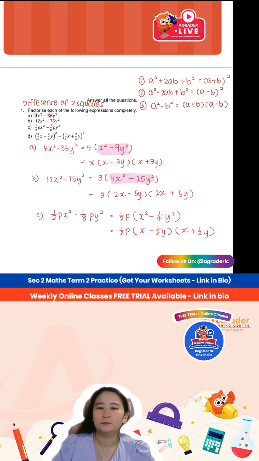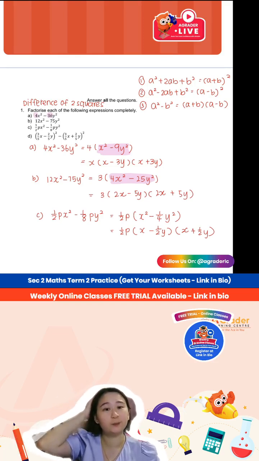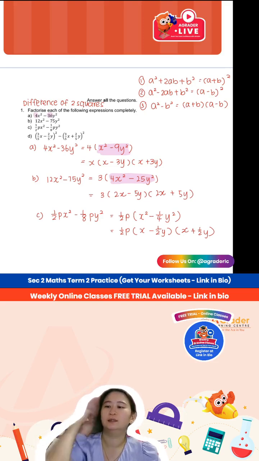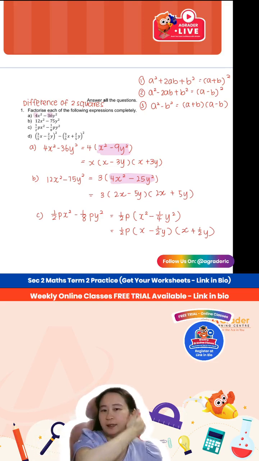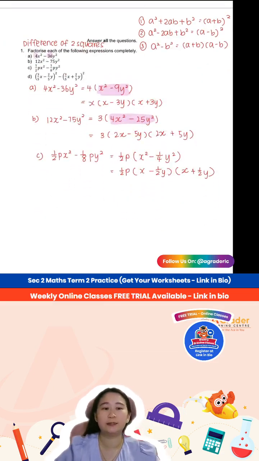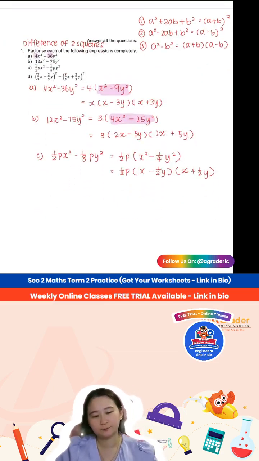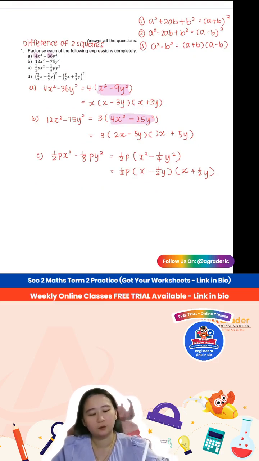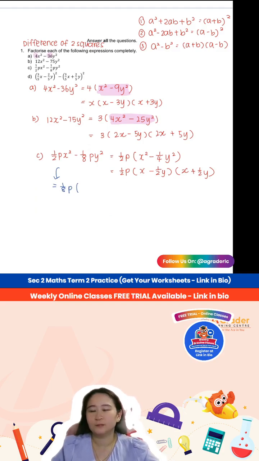Okay, so there's two methods to this question. You can also factorize out the fraction of 1 over 8p instead of half p. Then the solution will be different, but it is still correct. So if you were to factorize out 1 over 8p, then it will be 4x squared minus y squared.